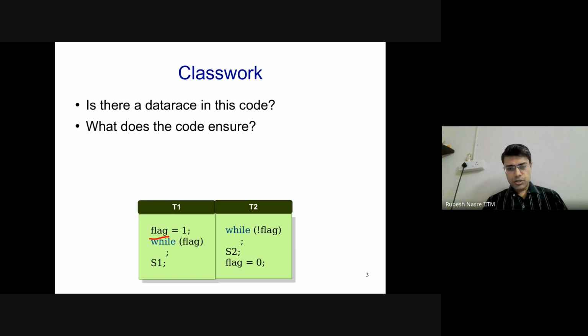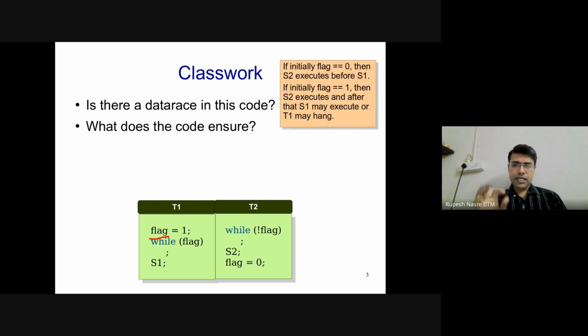Okay, so the code ensures that if the flag is initially 0, then S2 executes before S1. This is the guarantee that it gives.